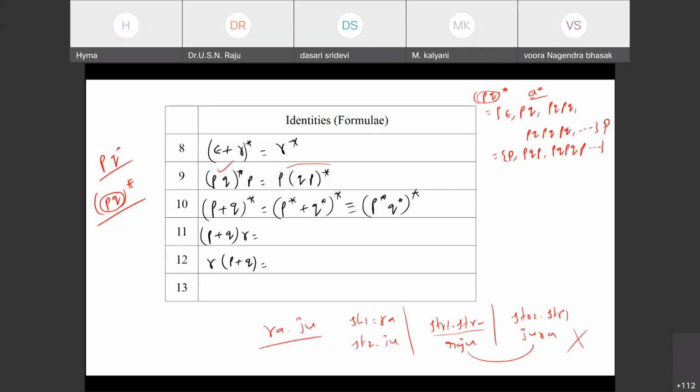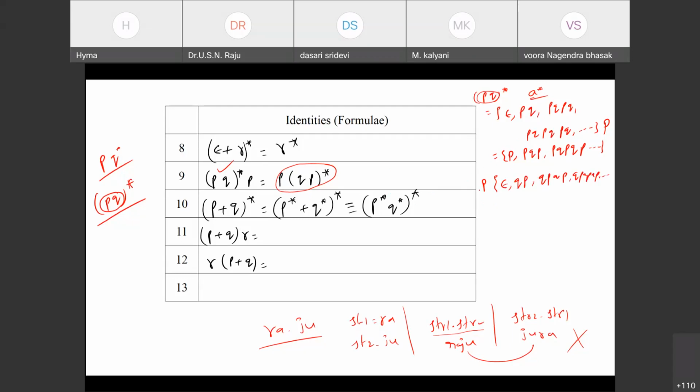Now we'll see the language for the second expression. He is telling concatenate P with QP star. What is QP star? What are the strings? Epsilon, QP, QPQP, QPQPQP, and so on.